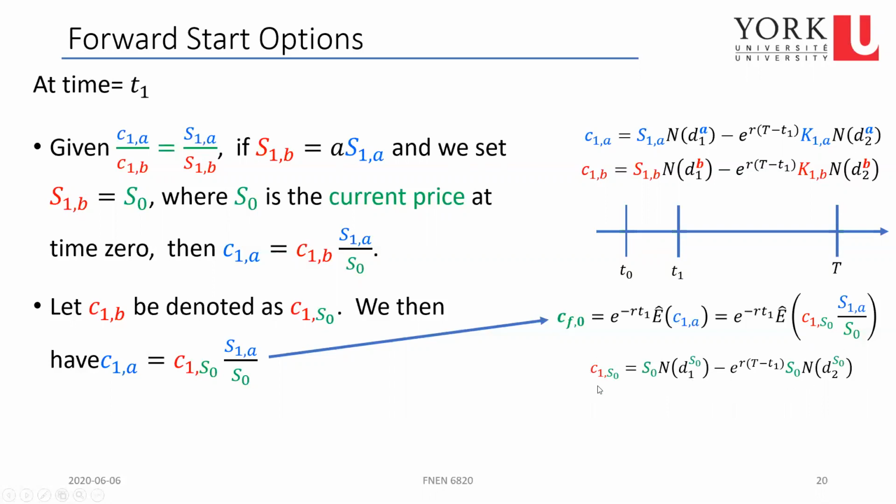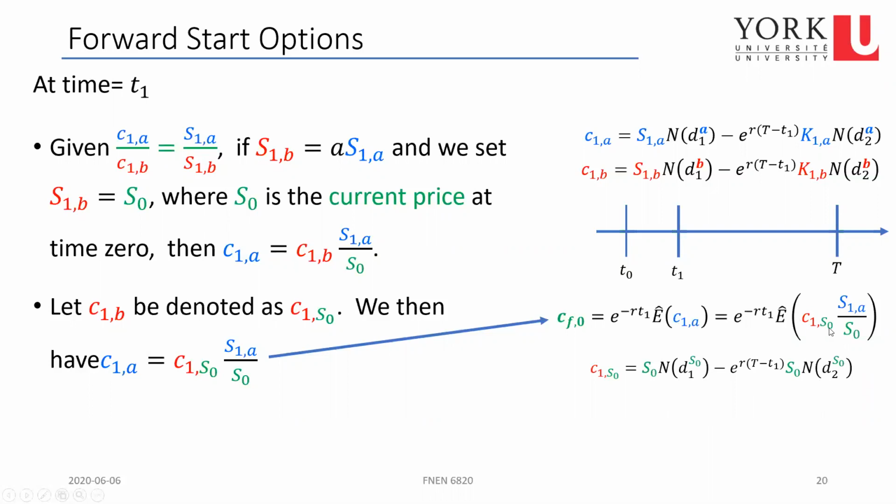This price, if the realized price at time 1 is S naught, this C1 S naught, which is the realized price of scenario B, with scenario B being the current stock price realized, is this value here, which we can calculate, which we know what that value is based on the Black-Scholes formula.